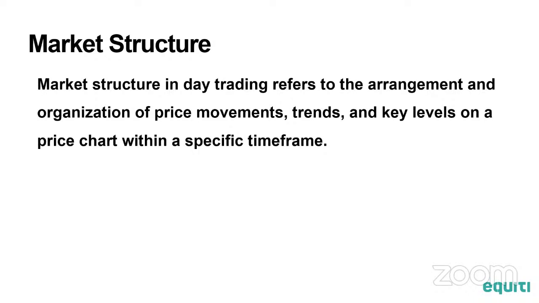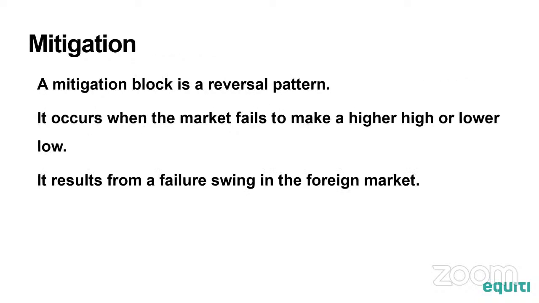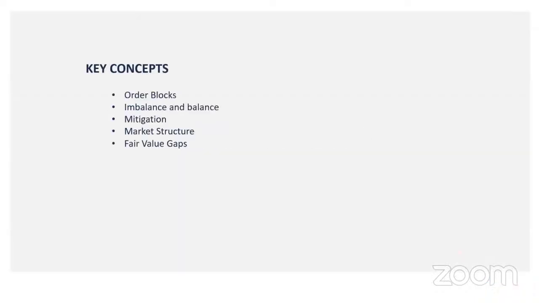Now, if I was to go back to this, you've identified what order blocks are: the last down candle before an up move, or the last up candle before a down move. You've identified balance and imbalance. You've identified what mitigation is, which is the act of price coming back to the order block.